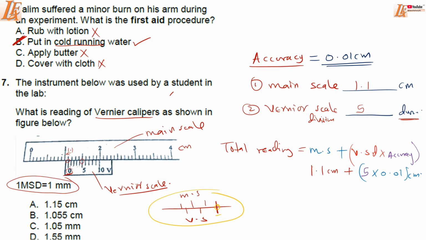Therefore, we are going to have our total reading as 1.1 centimeter plus 0.05 centimeter. 5 times 0.01 is 0.05 centimeter. Now, when we add the two, we are going to have our total reading as 1.15 centimeter. Therefore, the correct answer in this case is 1.15 centimeter, which is A.